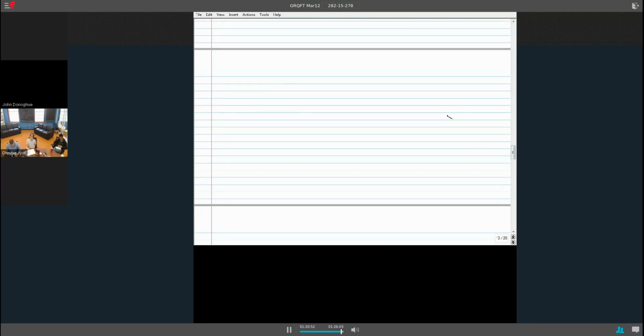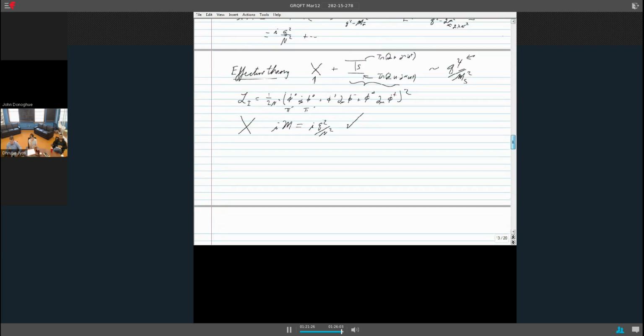I Taylor expand that, and it looks like 1 over 2 v squared times the piece I want, which is phi 0 d mu phi 0 plus phi plus d mu phi minus plus phi minus d mu phi plus, and then I square that.